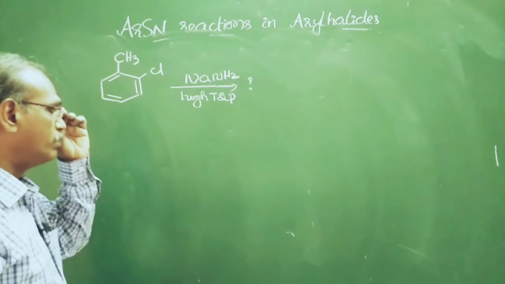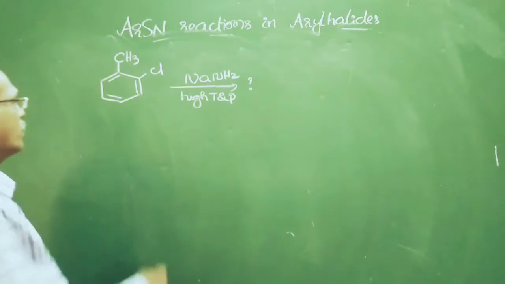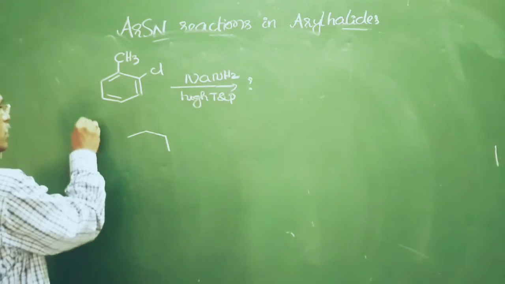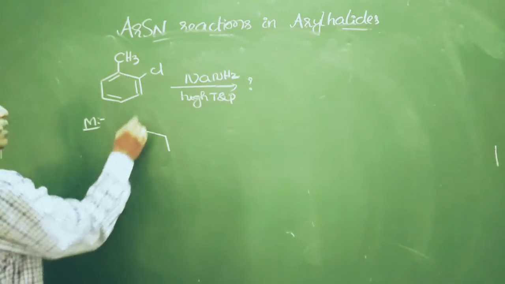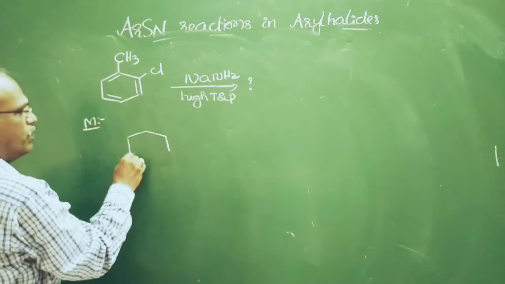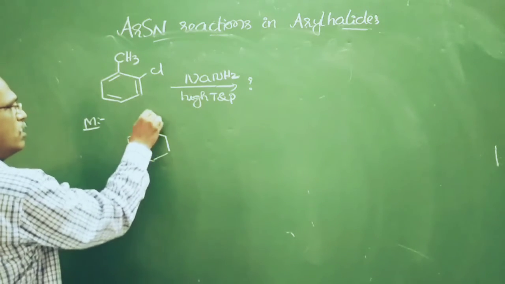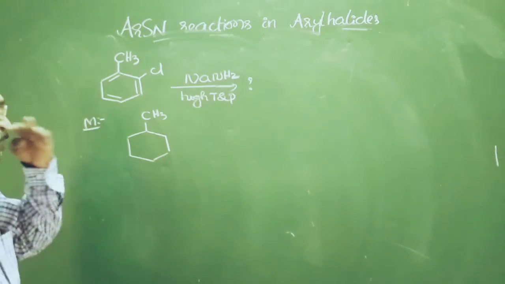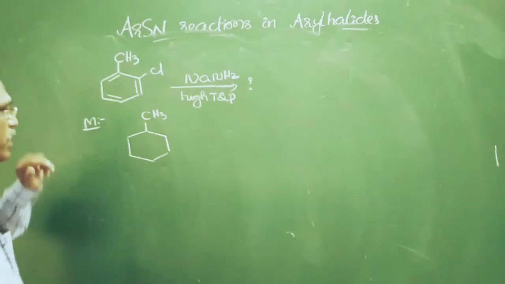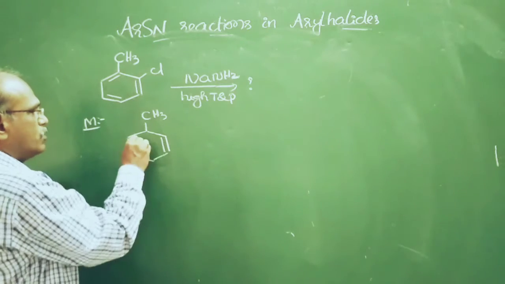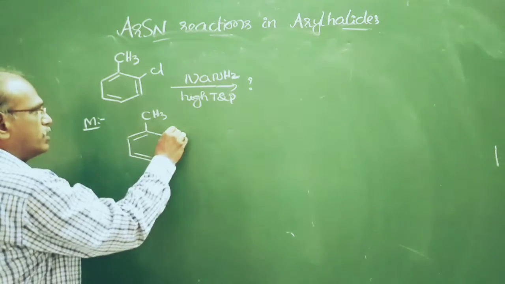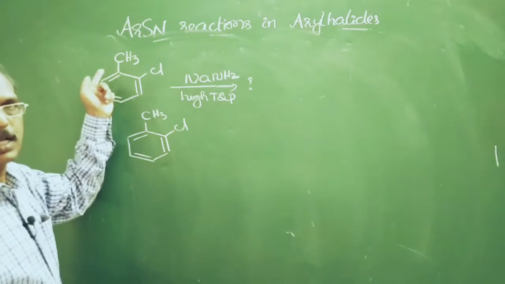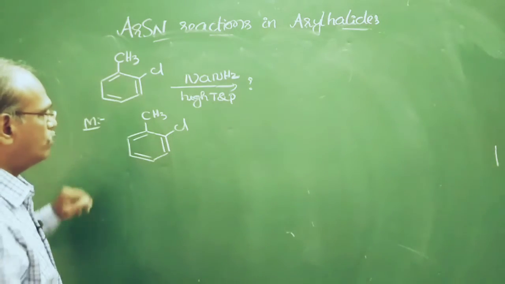That is the question. See, again we see the explanation. Because of the donating group, here it follows the benzyne mechanism, not the carbanion mechanism, because the carbanion is not stabilized by this. We will see this after completion of the discussion of aryl halides having electron withdrawing groups.